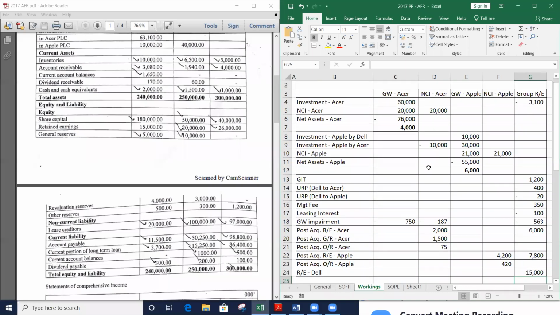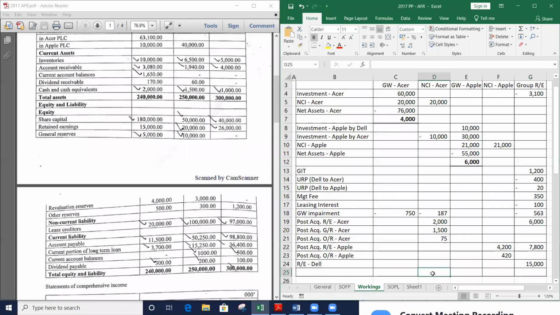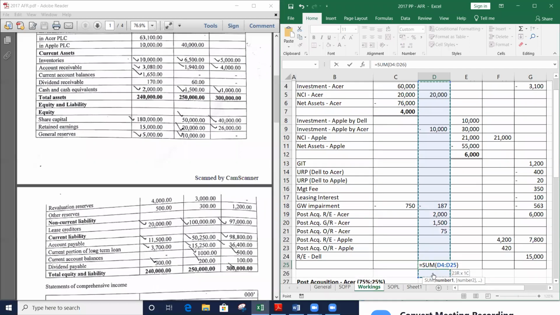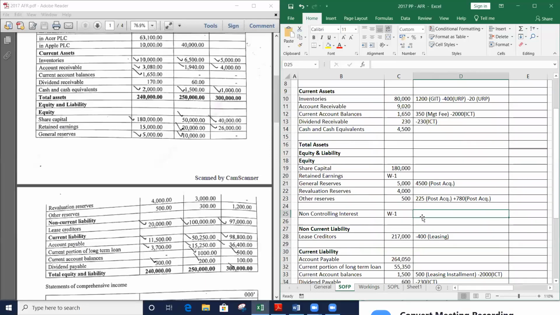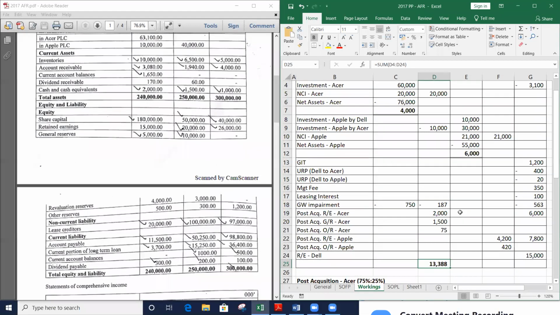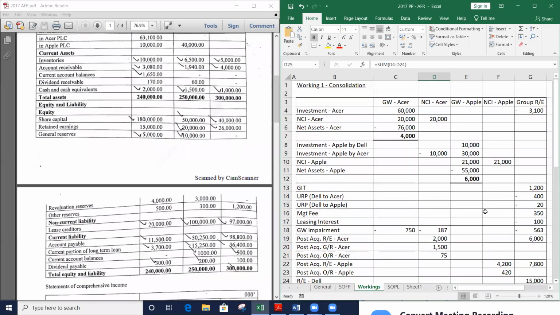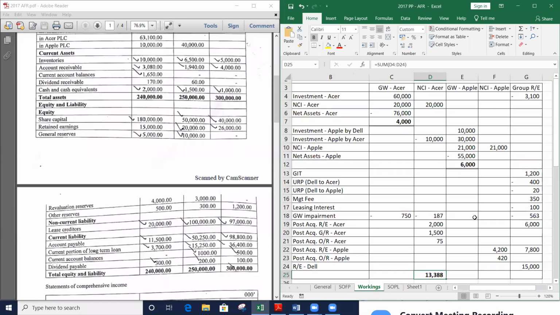So from this working we can take the NCI values, the totals. NCI value of Acer equals 13,388. Non-controlling interest 13,388. This is NCI of Acer. And like goodwill values we have already considered.